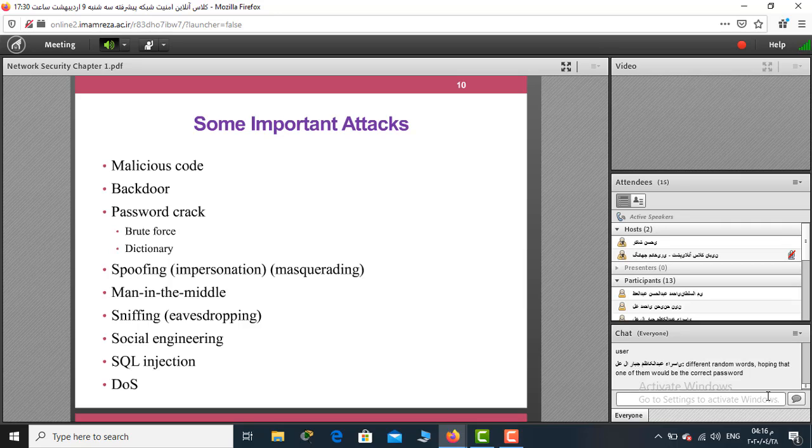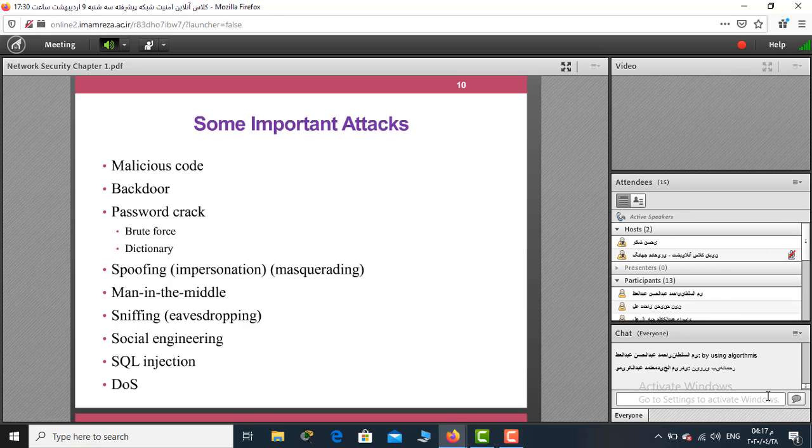For example, if we as an attacker know that the password has only 4 characters, and they are all English letters, that are 26, then the attacker can check every combination of 4-letter passwords.